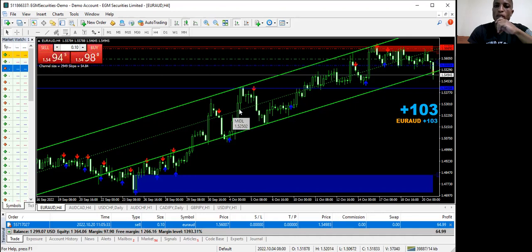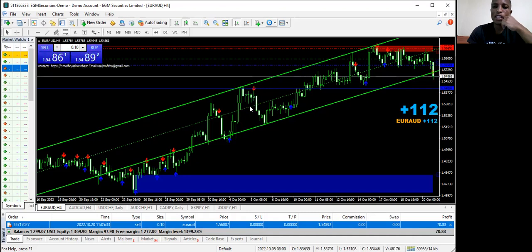Then once the price crosses above this particular dotted line and closes above it, I will enter the market on the second candle and make profit up to this particular line right here. Once I see the price hasn't crossed above that particular line, I will sell that particular market until I reach this dotted line as my take profit one, and this continuous line as my take profit two.